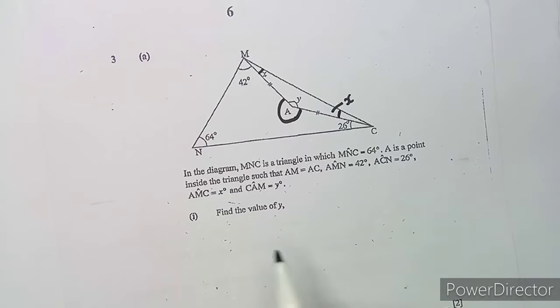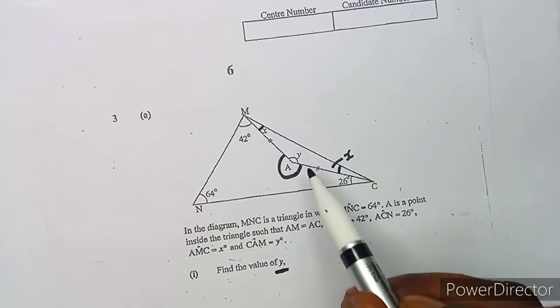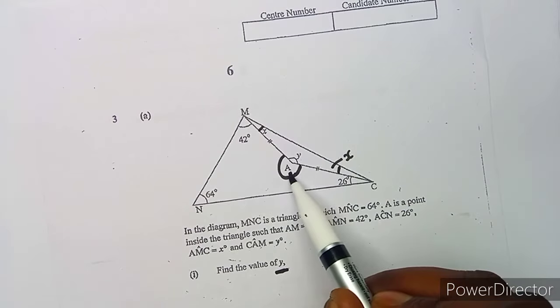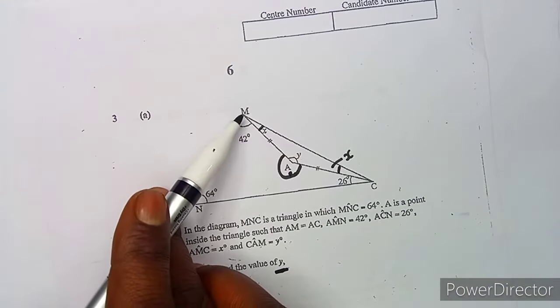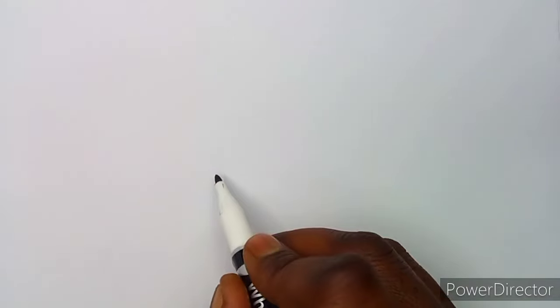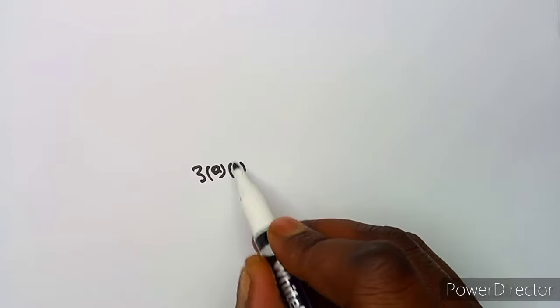So let us answer the first question. The first question is to calculate the value of y. As we can see, guys, the value of y is connected with this value of a, which is reflex MAC. So let us start by calculating that angle first. This is 3a, item 1.